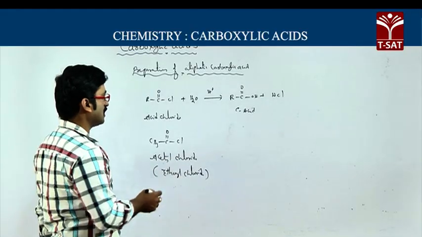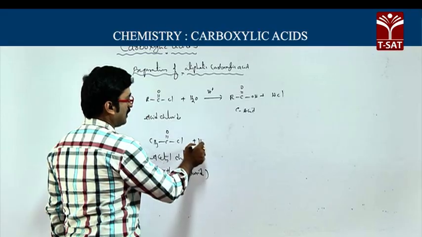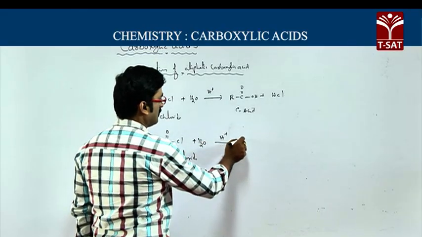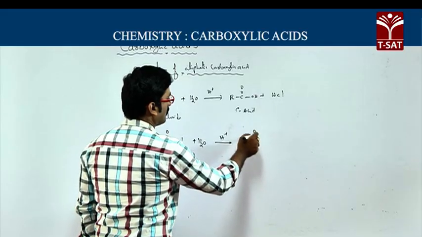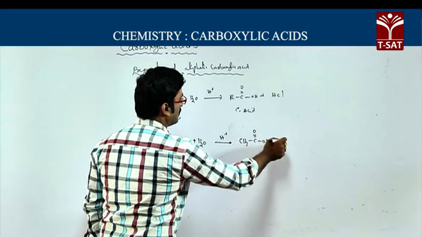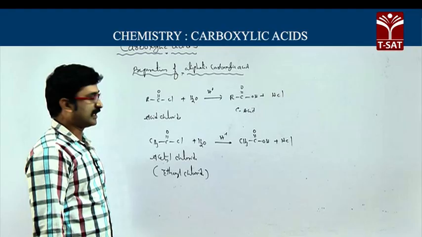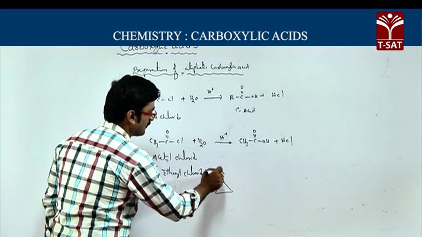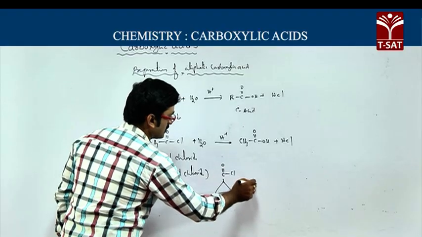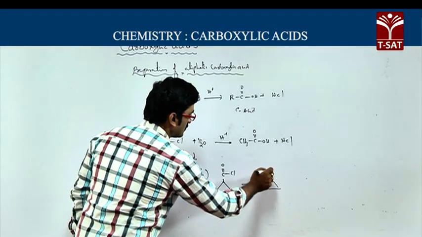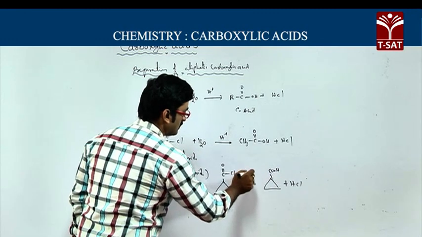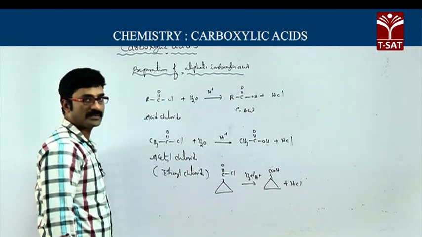Acetyl chloride on hydrolysis in the presence of acid, H plus, gives CH3 C double bond O, OH plus HCl. Similarly, if you take this type of compound, you will get a COOH plus HCl. Here it is hydrolysis in the presence of H plus.